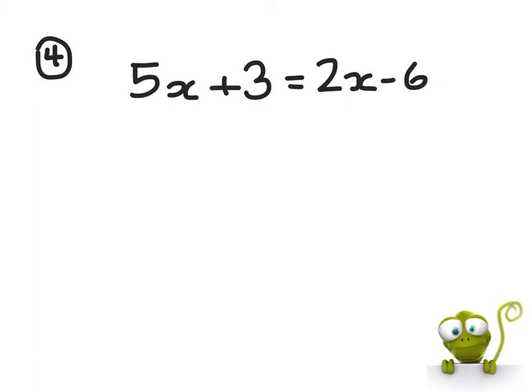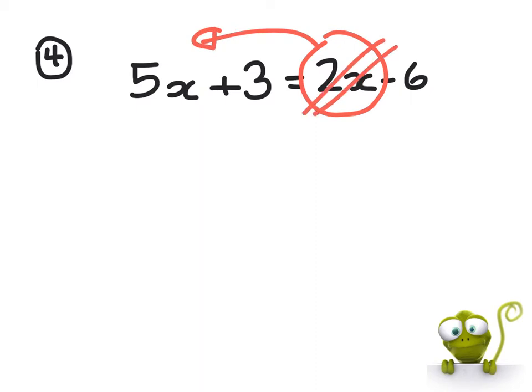Question 4 in the equation. Problem with this question is we've got x's on the left hand side and we've got x's on the right hand side. So the first stage is to take the 2x from this side over. Okay, how do we do that? Well, basically we just get rid of it. So if I'm taking 2x's away there, I need to take 2x's away on this side.